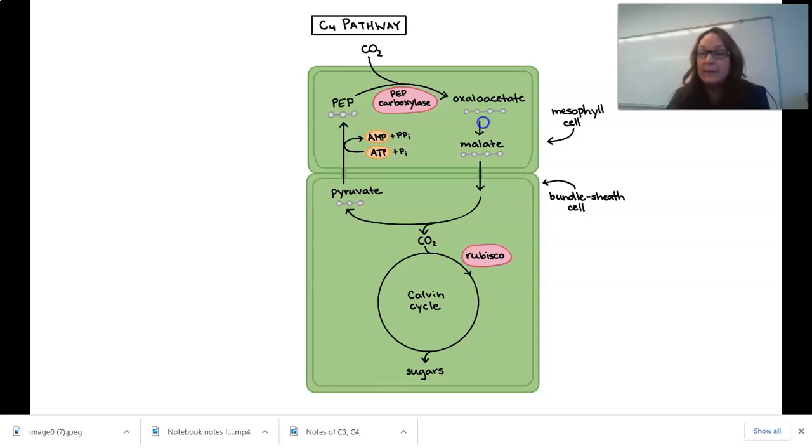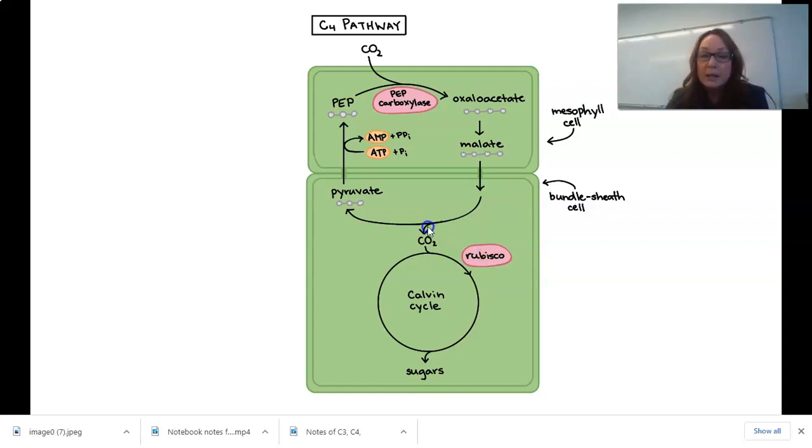That's where the C4 comes from, because we make a 4-carbon molecule first, and then that 4-carbon molecule is transported to where rubisco is, which is in the bundle sheath cells. They're in that middle part where they're not exposed to the gases of carbon dioxide and oxygen from the stomata being open or closed.